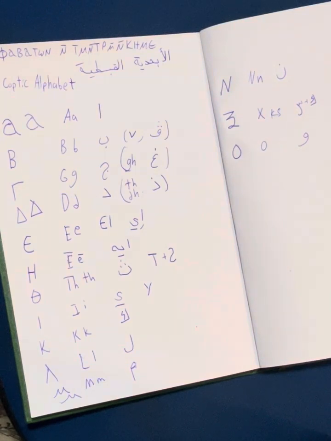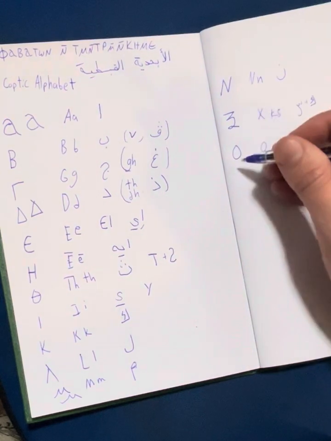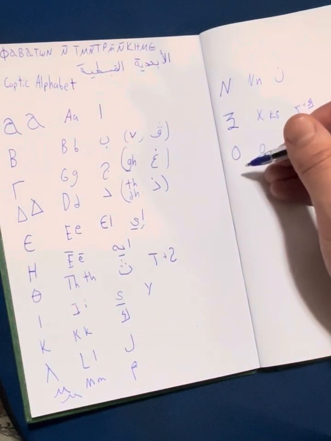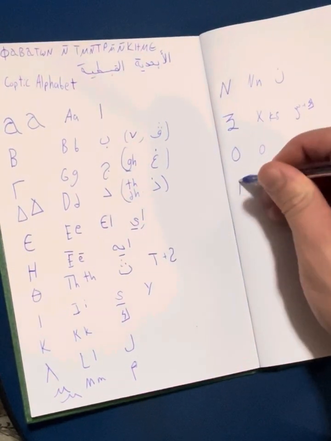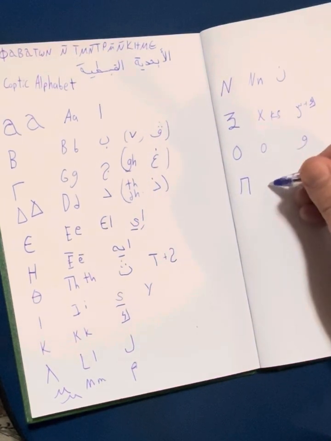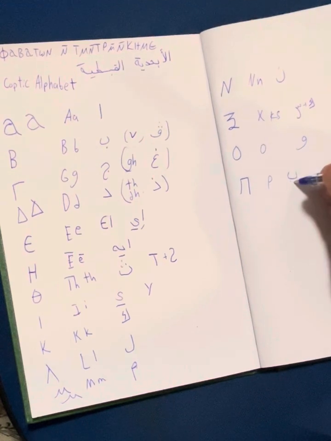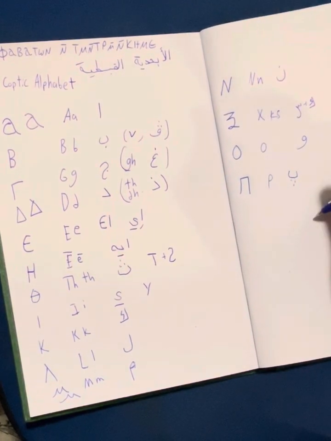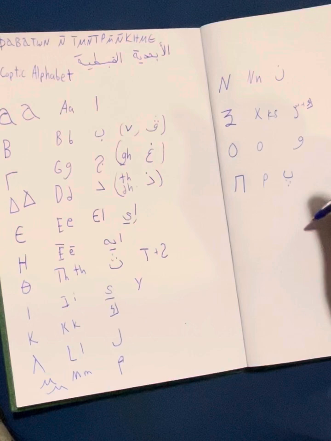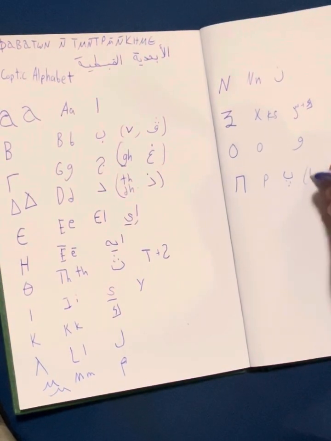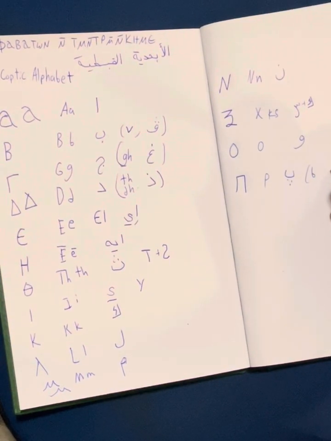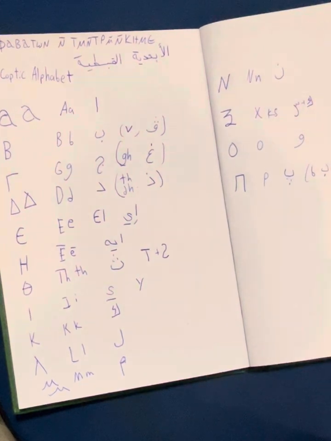Some people think it's really like an O, although some people think it's more like O. There's pi, which is like the letter P in English, P. Although a lot of people also think it might have been pronounced more like a B. So I'll put B next to it.